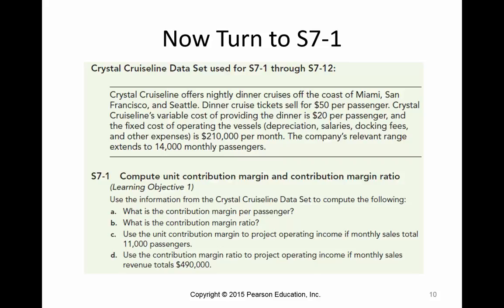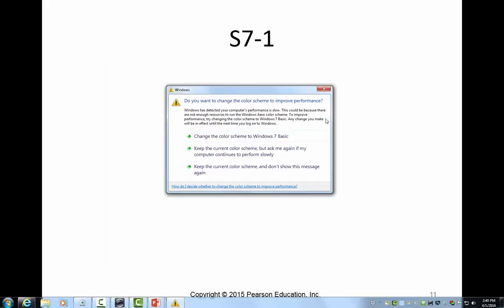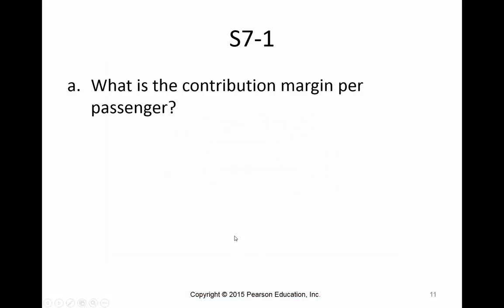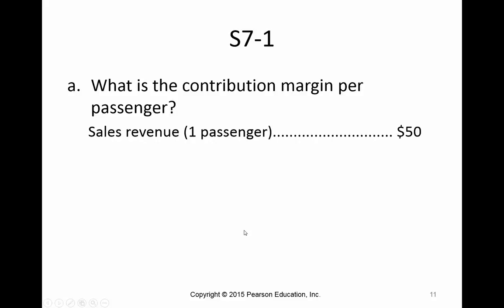Okay, so they give you all the necessary information that you need in order to calculate the contribution margin per passenger, calculate the contribution margin ratio, and given certain information such as passengers or total revenues, then to use that to project your operating income. So let's look at the first one, contribution margin per passenger. We know our sales revenue for one passenger is $50.